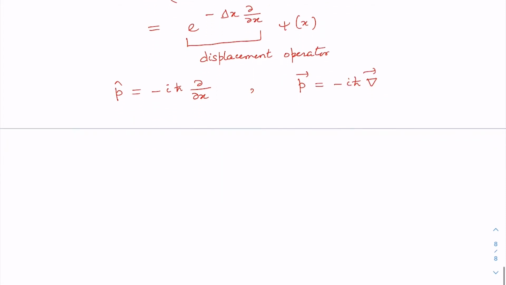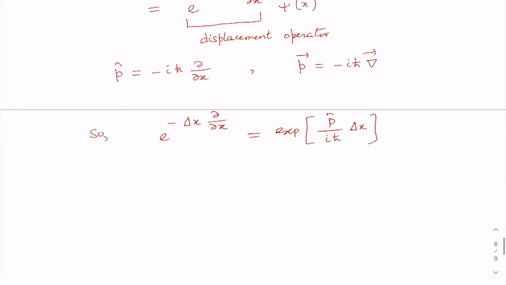All right, so therefore I can write e to the power minus ∂/∂x Δx, in terms of this momentum operator, as exponential of p Δx by i ħ, where p is the operator here.